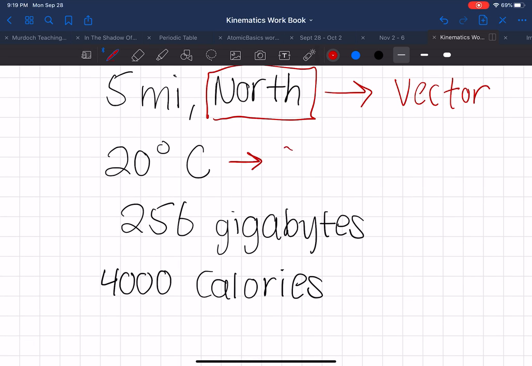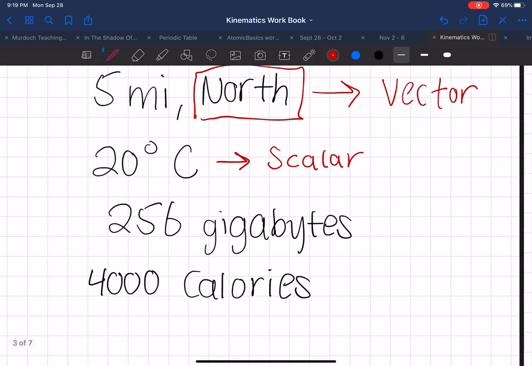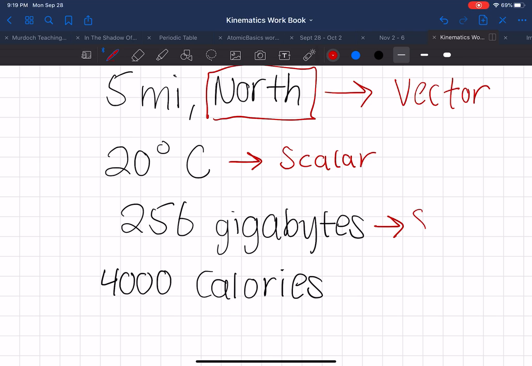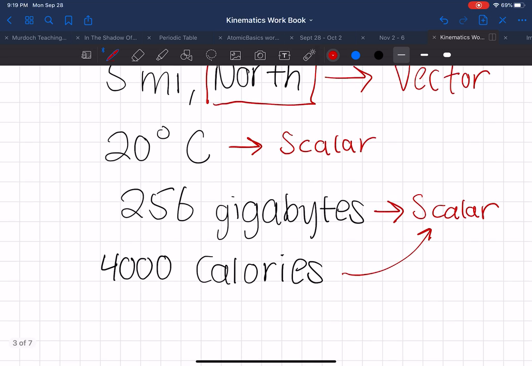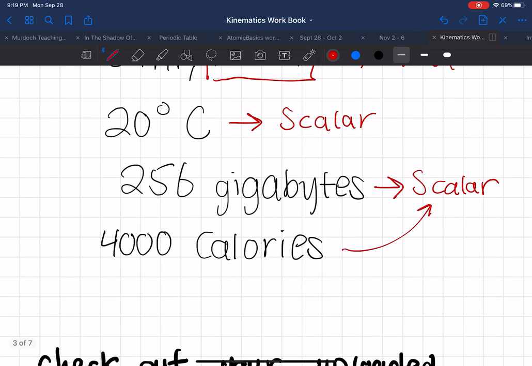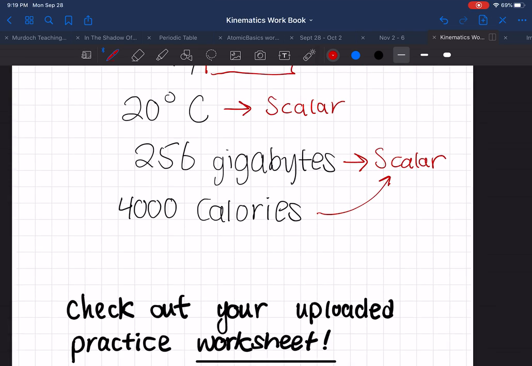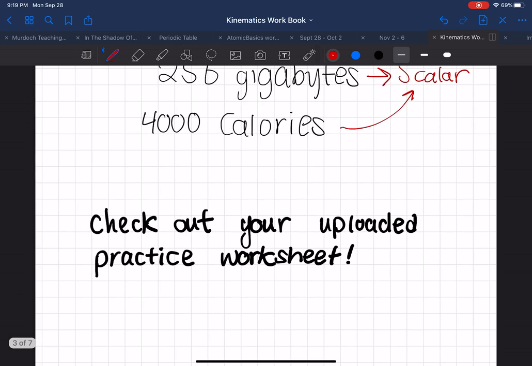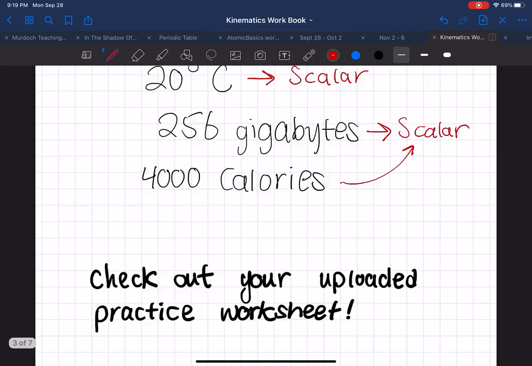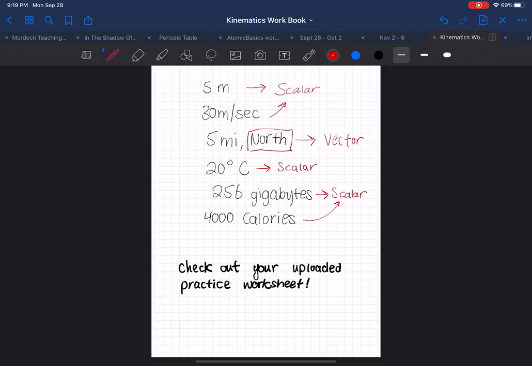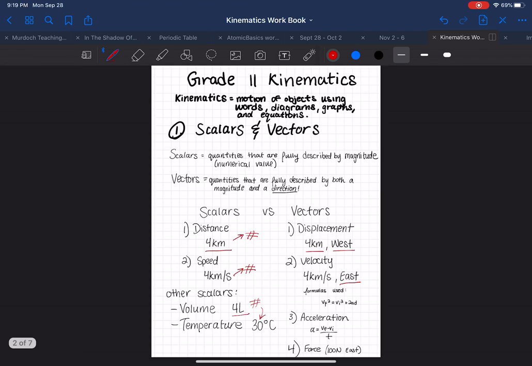We know that is a scalar. And 256 gigabytes is a scalar as well because it is just a numeric value. Same with calories, 4,000 calories. You don't go, I ate 4,000 calories west. That's not a thing.